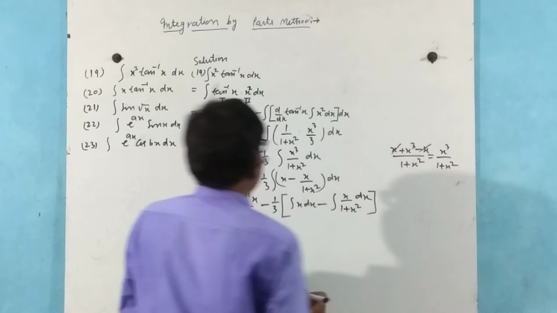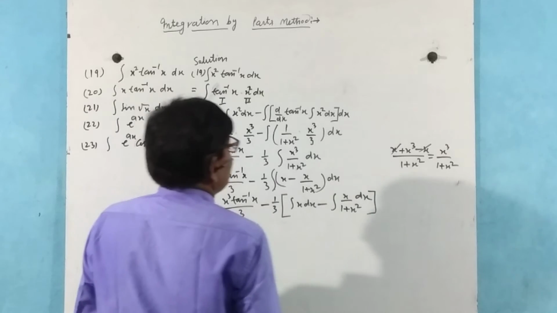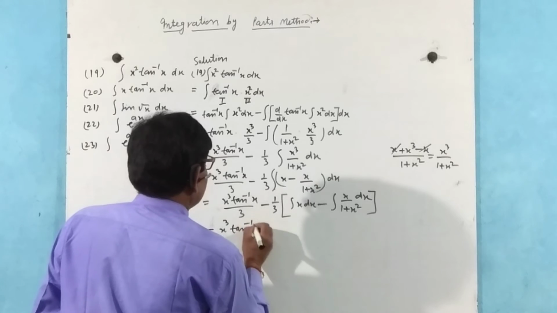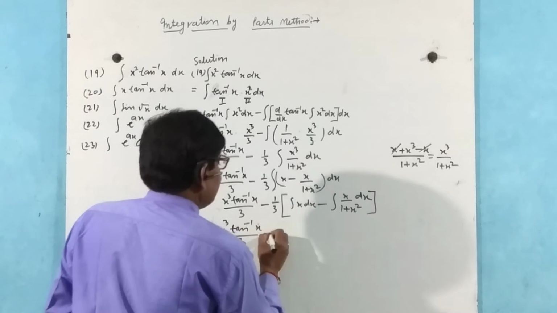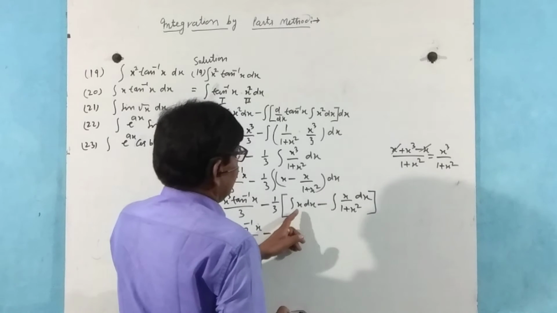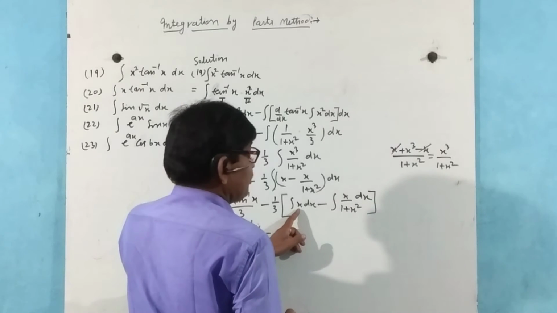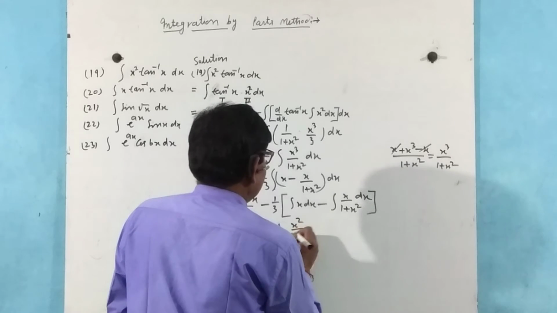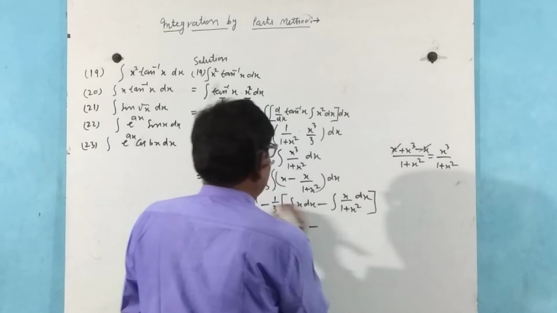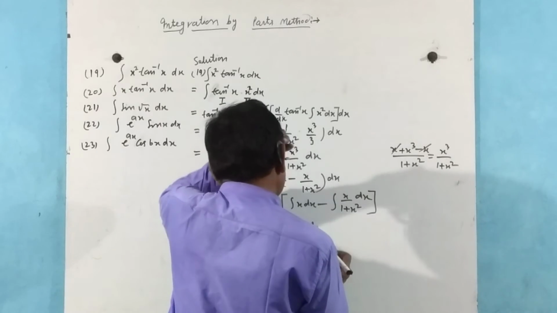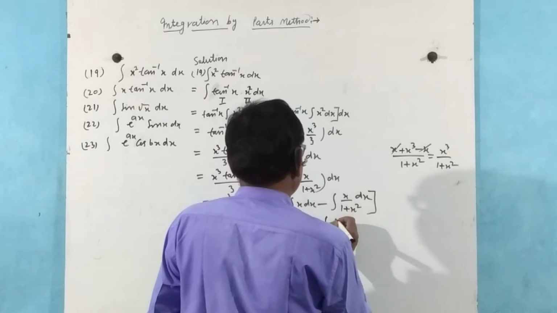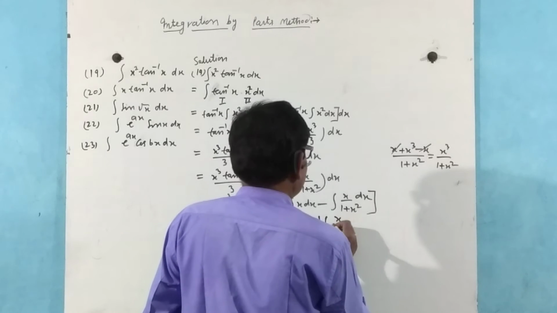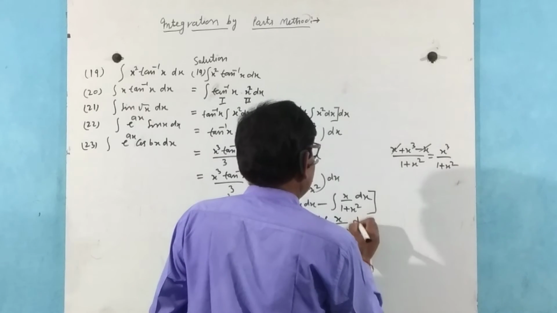Now this gives x cube tan inverse x by 3 minus 1 by 3 times x square by 2, using the integration of x to the power n plus 1 by n plus 1, plus 1 by 3 times the integration of x by 1 plus x square dx.